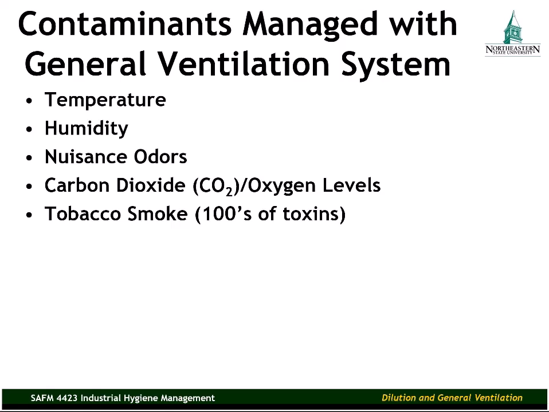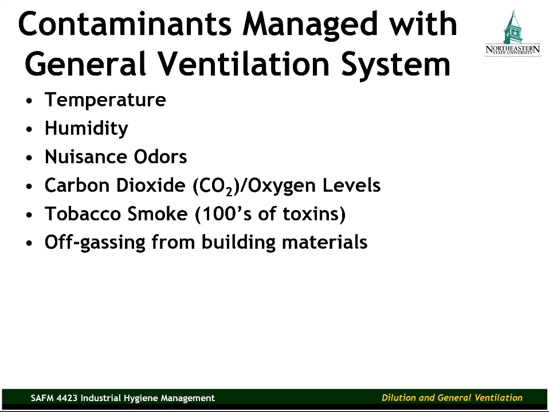I mean, we're getting away from the age of, in the 60s, everybody smoked. Over the years, fewer and fewer people are smoking. And we'll talk a little bit more about that. I've got some numbers to throw at you. But tobacco smoke is not the indoor air quality issue that it used to be. But where tobacco smoke is present, there are hundreds of toxins that have been identified in tobacco smoke.